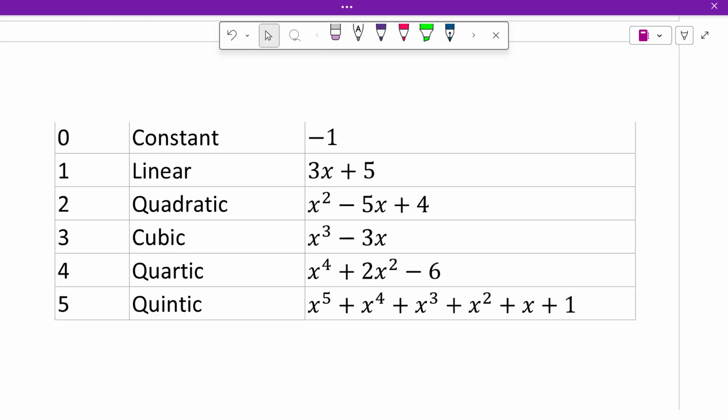So you need to know these names because I'm gonna have a polynomial down, and you'll have to name it by its power name and its number of terms. Now we went over the number of terms right at the start: monomial, binomial, trinomial. And if it's longer than that, we just call it a polynomial.